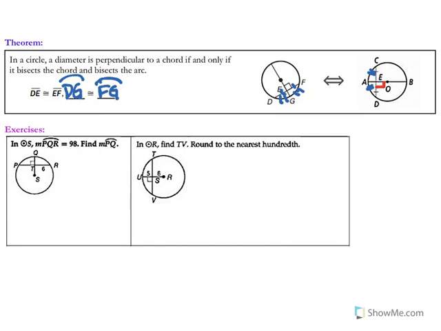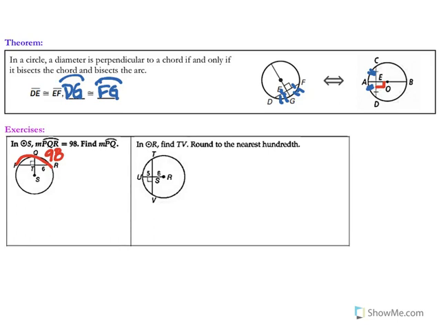Okay, moving on. In circle S, it says measure of arc PQR is equal to 98. So PQR, this whole arc right here, is equal to 98. Find measure of arc PQ. Well, it tells us that QT and PR are perpendicular.